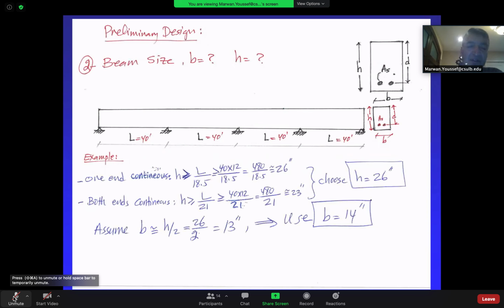Okay, let me do it. First, we need to see how is this beam going to deflect. So let me show you how this beam is going to deflect under load, of course. So the exaggerated, this beam is going to deflect as such.